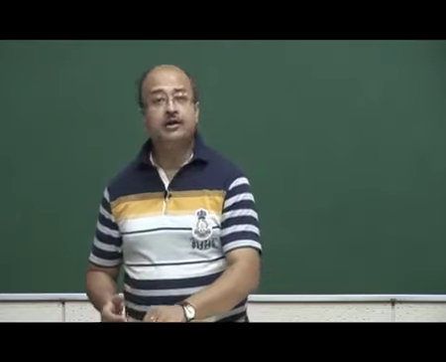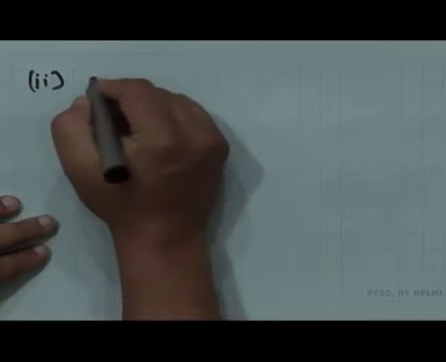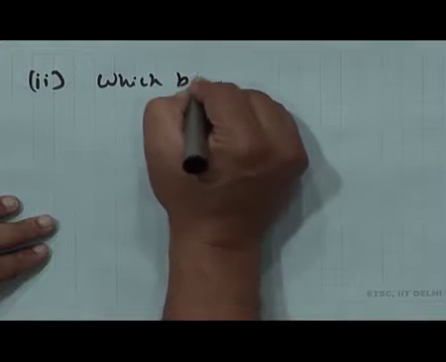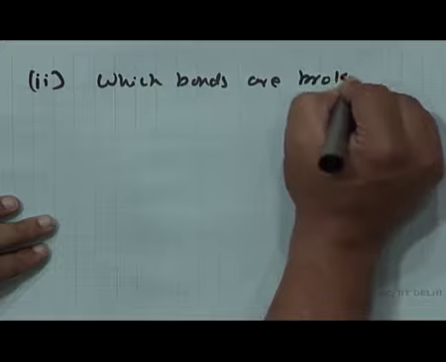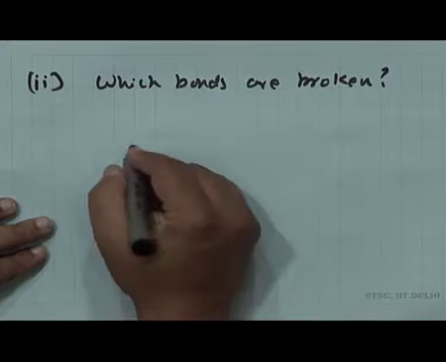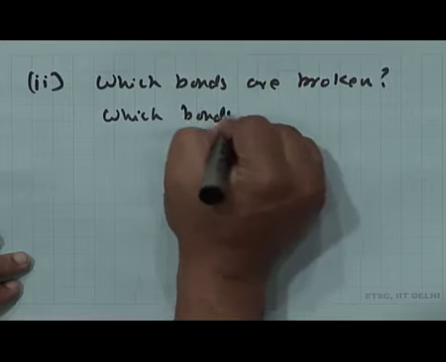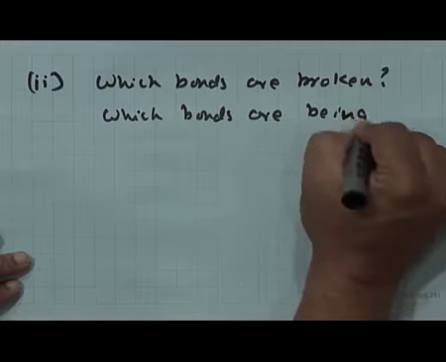So, your next question is again very simple. The next question is: which bonds are broken, and which bonds are being formed?